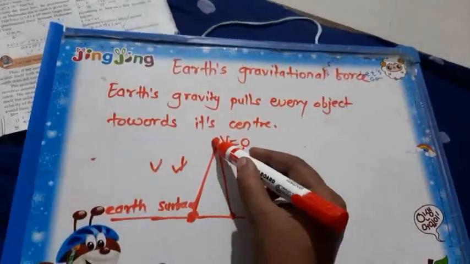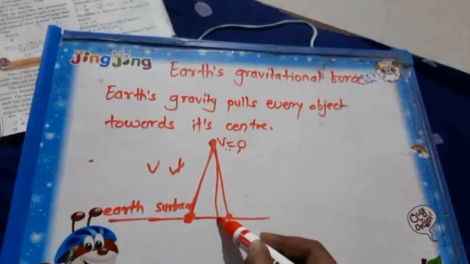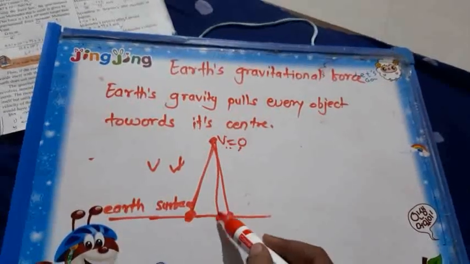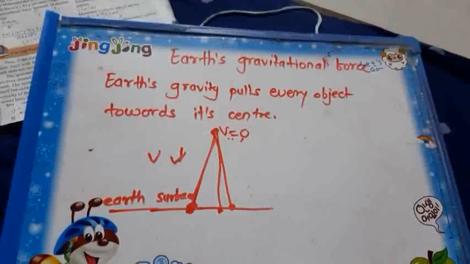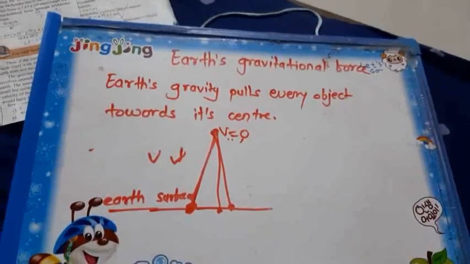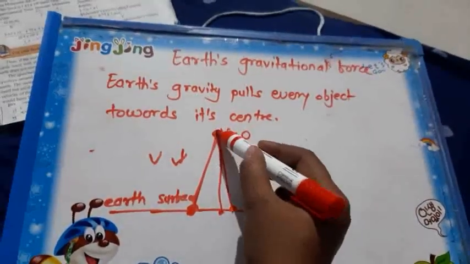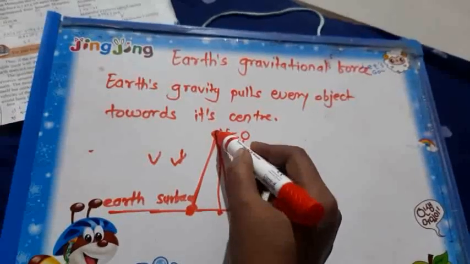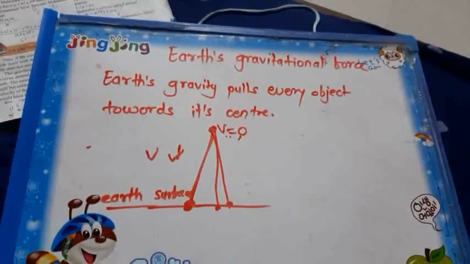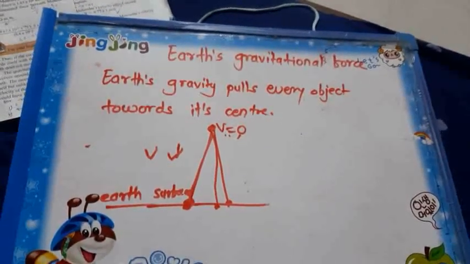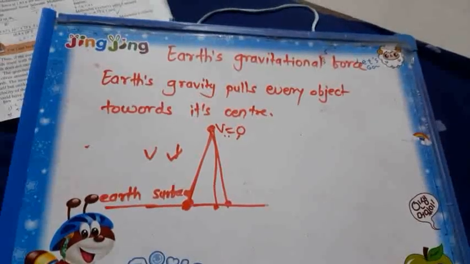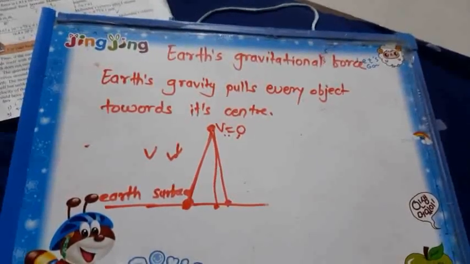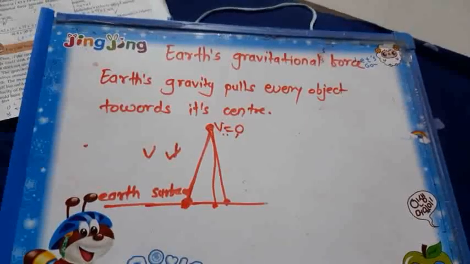After this point it starts to come down and reaches the earth's surface. So after this point, when the velocity becomes 0, the stone starts moving vertically downward towards the center of the earth under the influence of gravitational force.